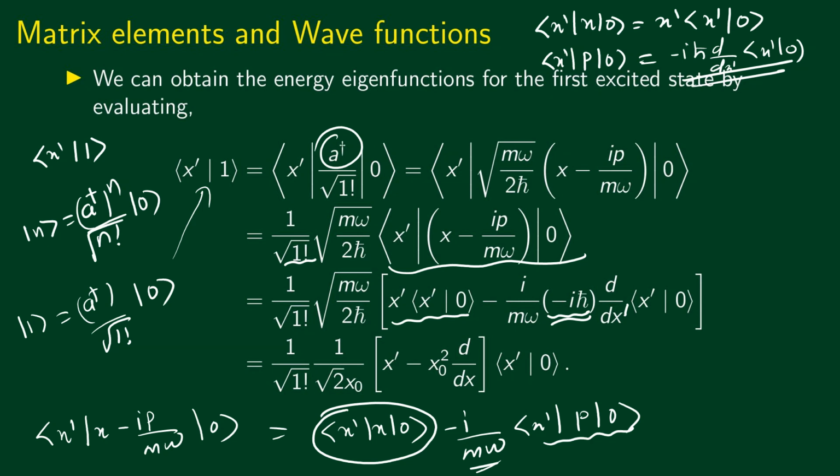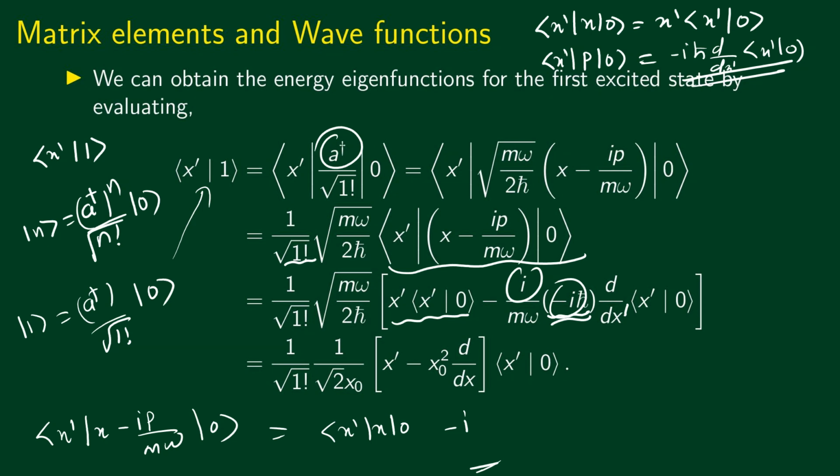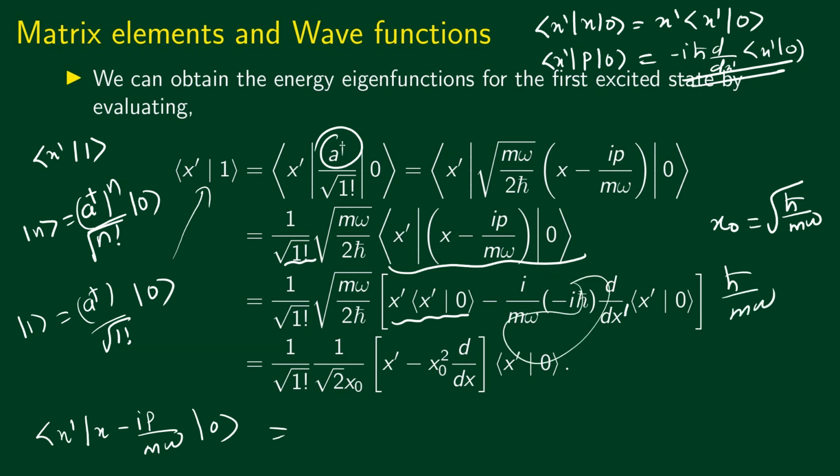Now this i here and minus i multiply to give 1, and we have an h bar divided by m omega here. We had already defined x0 as the square root of h bar divided by m omega, which means that the h bar divided by m omega appearing here can be written as x0 squared. We also have an m omega divided by h bar in here.